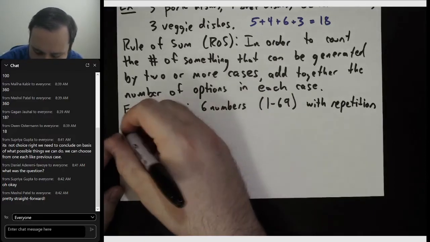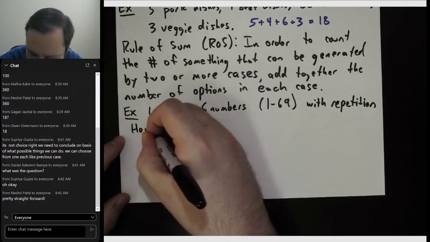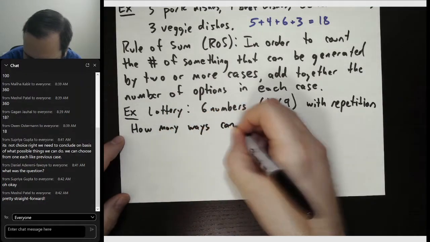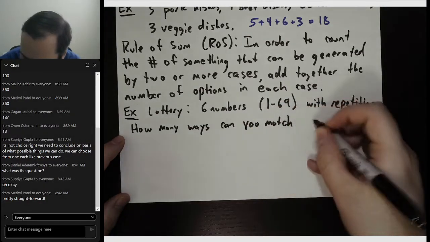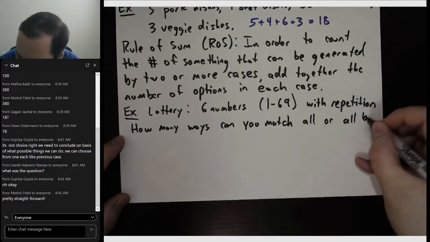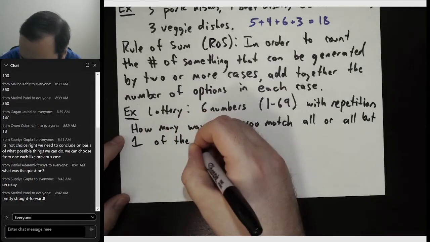I want to know not just how many ways can you win, but how many ways can you match all or all but one of the winning numbers.